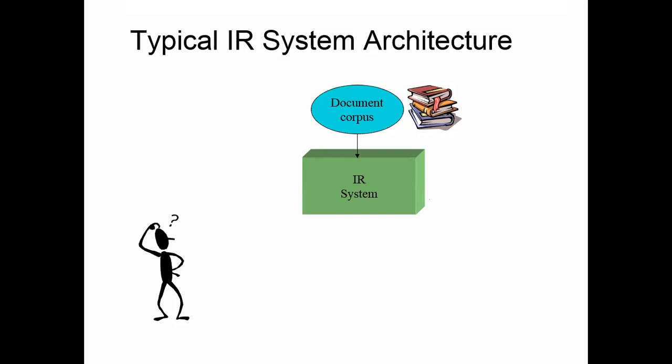And the IR system should be linked to the users, the reader's world, who want to consult the documents produced by the author's world. So the IR system is bridging the gap between the author's world on the one hand and the reader's, or user's, world on the other hand.